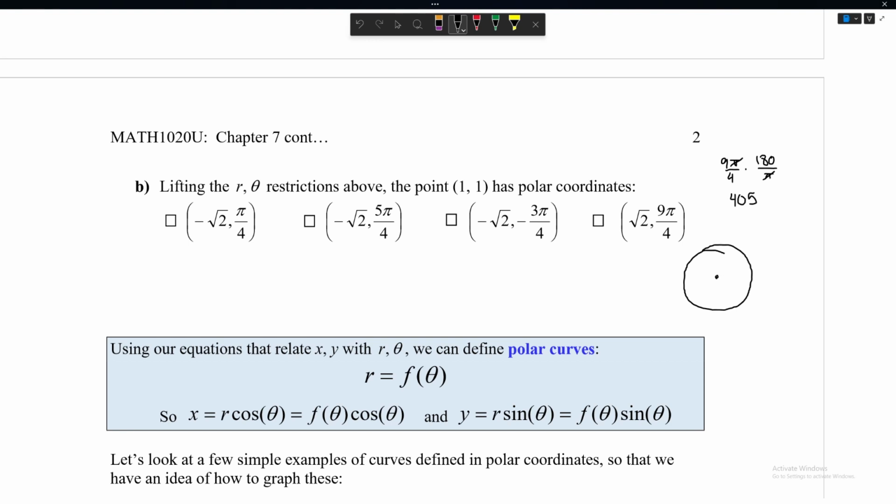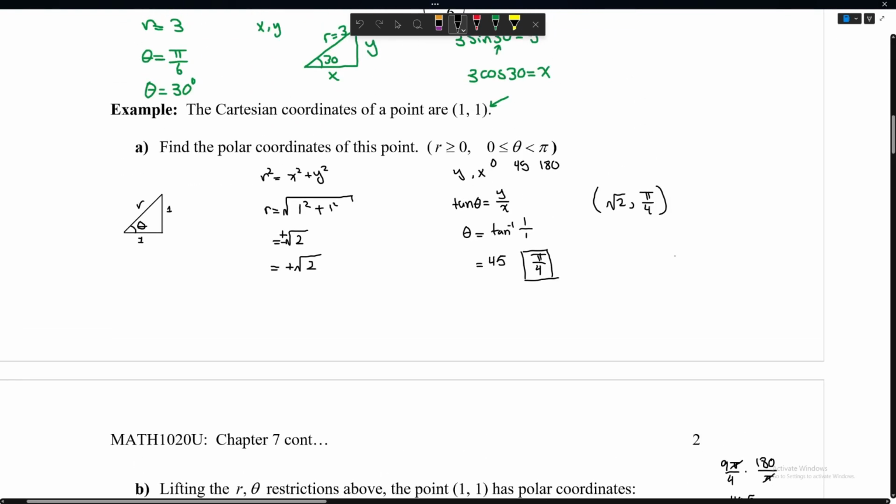I have a middle point, 2, root 2 away, which is fine. I'm going to keep that the same. And what I'm going to say is 405 minus 360. That'll leave me with 45. So I'm going to go 360 plus 45. And that's where I'm at now.